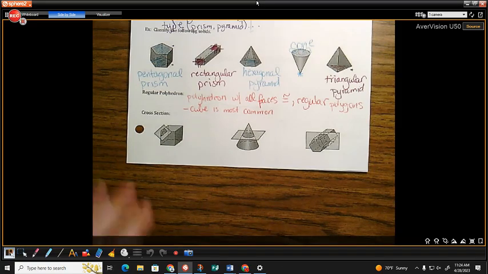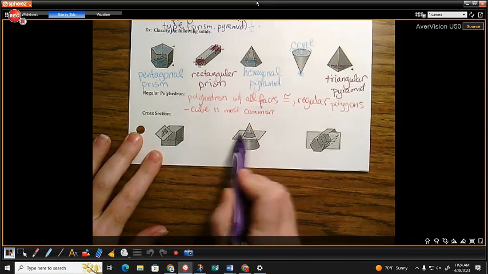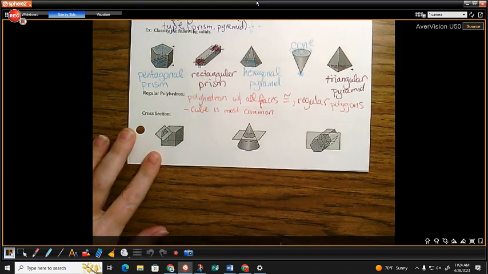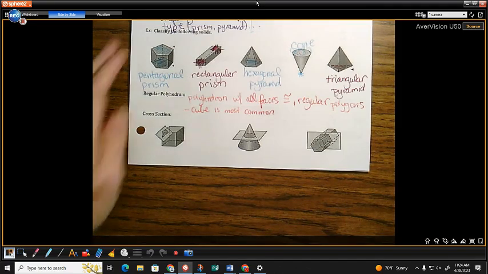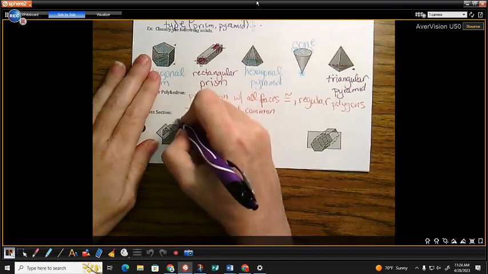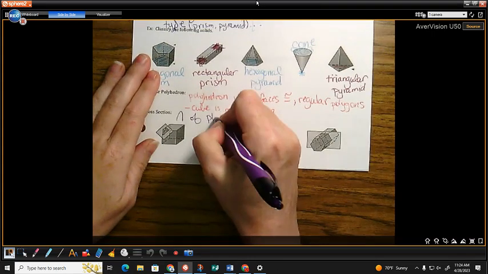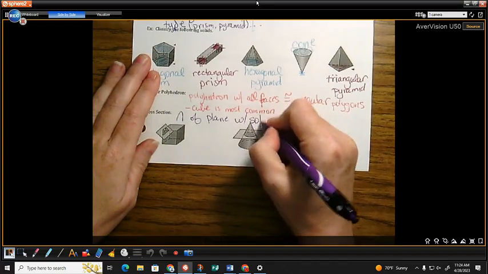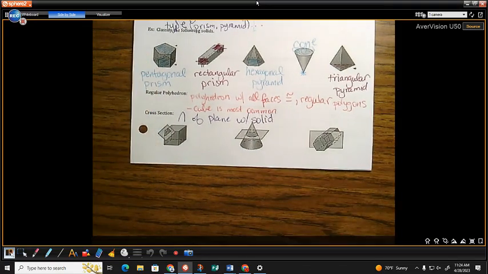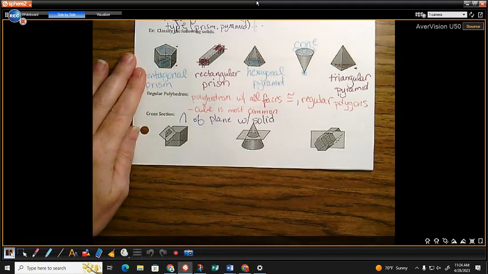MRIs work by taking thousands of cross-sections and then sticking them all together to get an image of your innards. And so all a cross-section is the intersection of a plane with some kind of solid. And where they intersect is going to draw a shape on that plane.